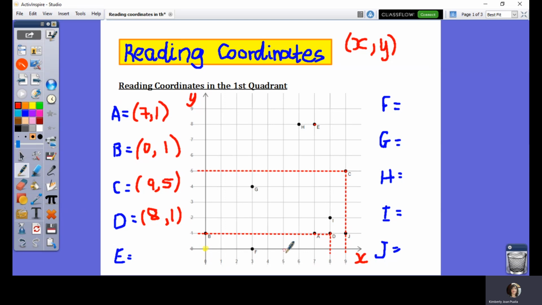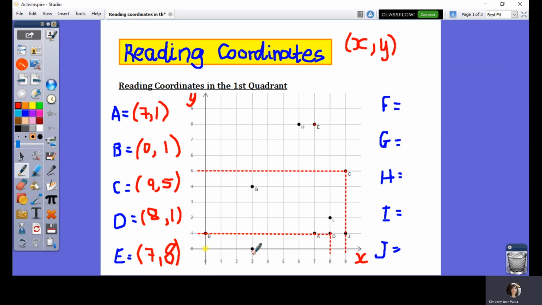He moved 7 boxes to the right, so always start from the 0. He moved 7 and he went up 8 boxes. You can see from here. Therefore, my coordinate here is 7, comma 8.